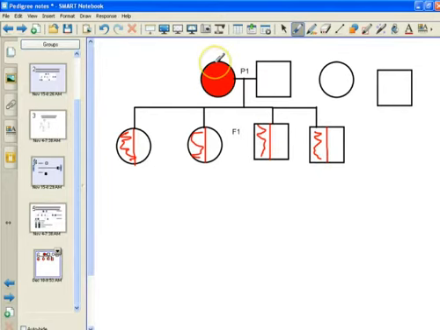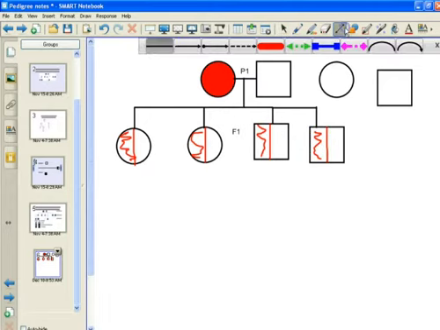Mom gave them the red eye trait, so they all had red eyes, but they're also carrying dad's trait for being sepia eyes, which means they express one gene but carry both. Kind of a weird concept to get a hold of. So again, they're carrying the sepia eye trait, but they don't show it. They show the wild eye trait instead, signified by the shading.